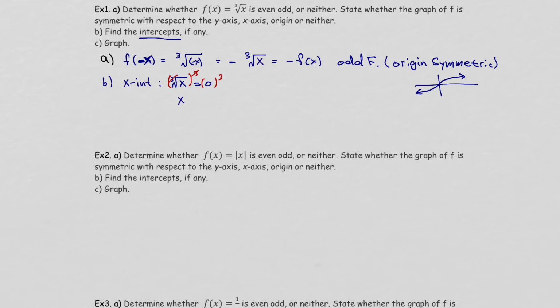Then you end up getting x equals 0 cubed, but that's going to be 0, right? So the x-intercept will be 0. In order to find the y-intercept from any function or equation, you're going to let x equal 0. So when you replace x with 0, this is going to be 0. So this is the x-intercept, the y-intercept, and this is an odd function.